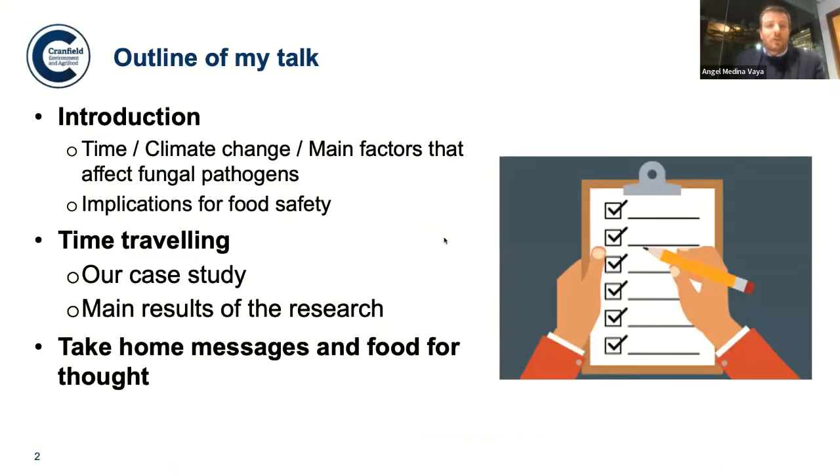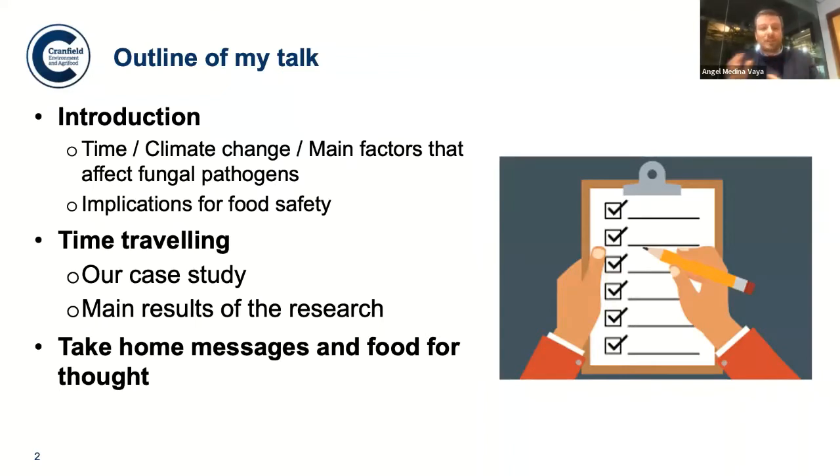So the outline of the talk: I'm going to try to introduce what we are talking about, what I mean when I say time. I'll speak a little bit about climate change and the factors that will affect fungal pathogens and what will be the implications for food safety. Then we will start going up and down in time, and I'll ask you to concentrate and use your imagination.